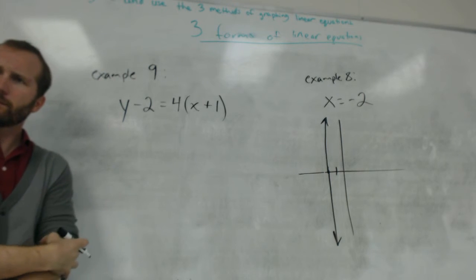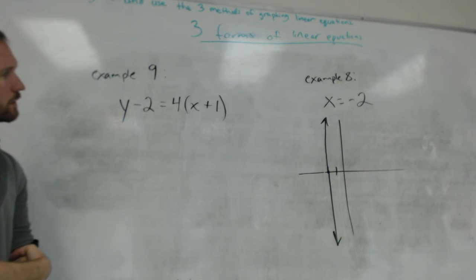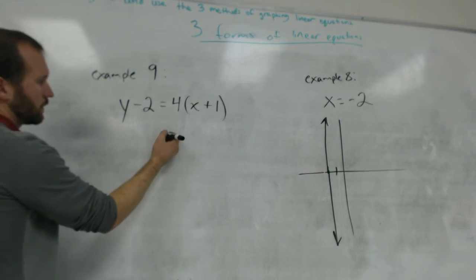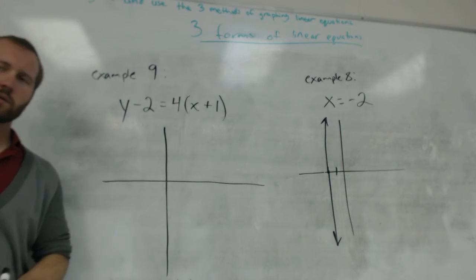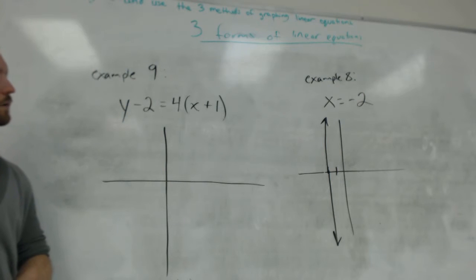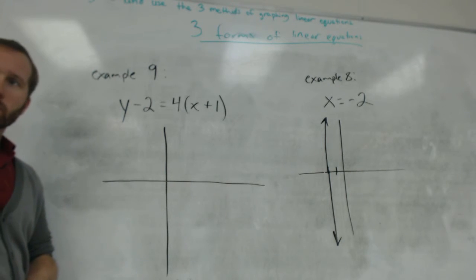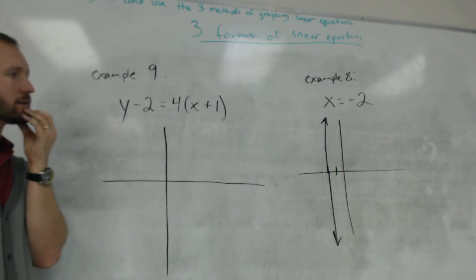Okay. What form is this? Point-slope form. Step 1, find your point. What's your point?